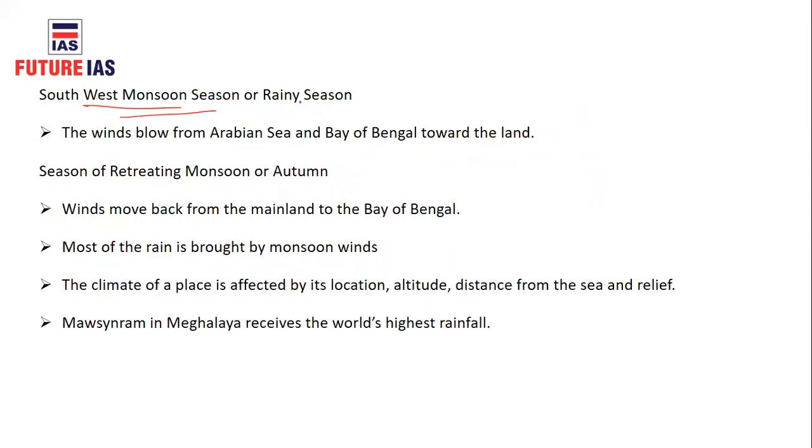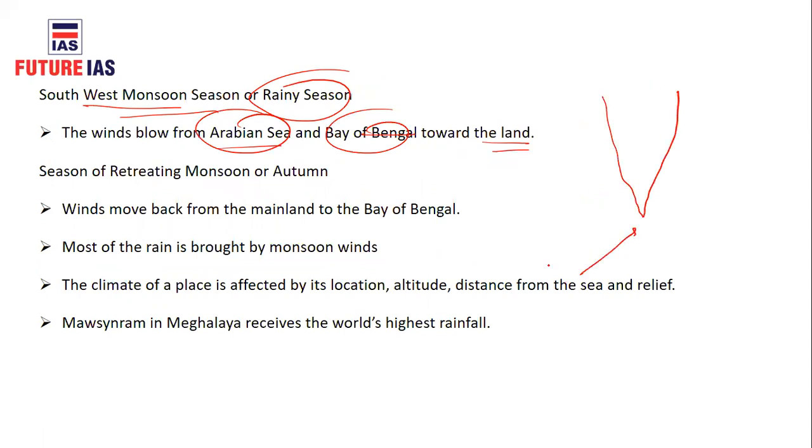The southwest monsoon season or the rainy season, okay. यहाँ पर जो winds will basically flow from Arabian Sea and the Bay of Bengal towards the land. So if you draw the map of India, this is basically southwestern monsoon, okay. The southwestern monsoonal winds basically strike the Indian landmass, and it is divided into two branches.